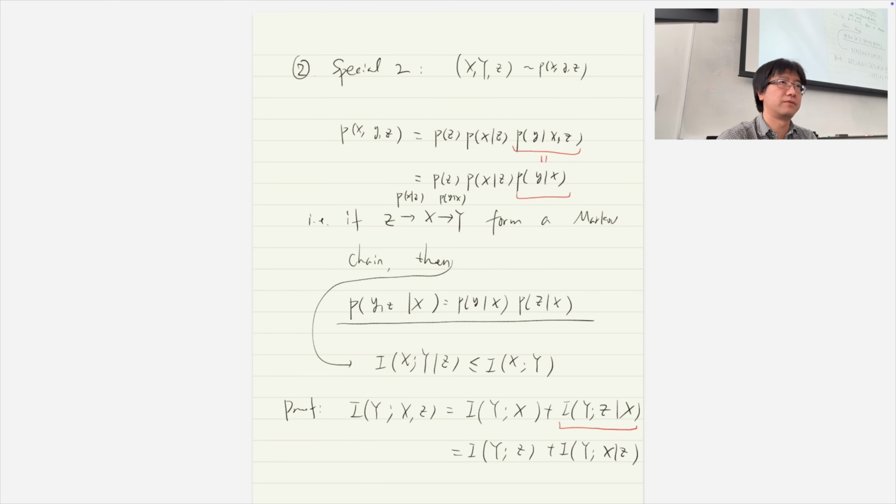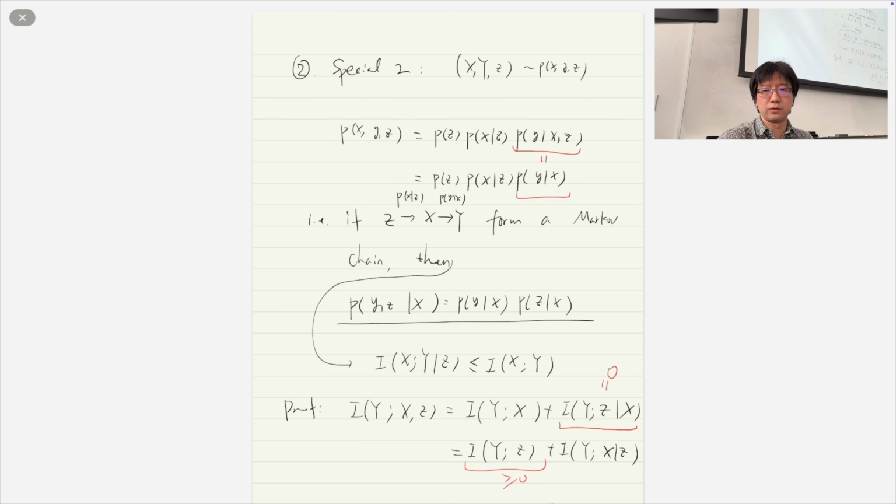Because it's a Markov chain, given x, y and z are independent, so this term is 0. And this term is what we want. Mutual information of y and x is equal to that of x and y, right? So this term is what we want, but this term is bigger than or equal to 0.